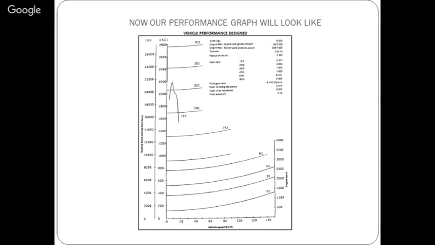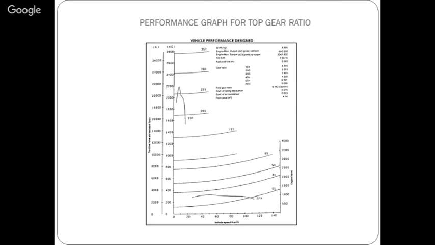Then my engine, gearbox, differential, tire will make that much of torque, which is equivalent to the power requirement of the vehicle. Clear? Then I am pretty much satisfied that my vehicle will climb up to this much inclination. Clear?